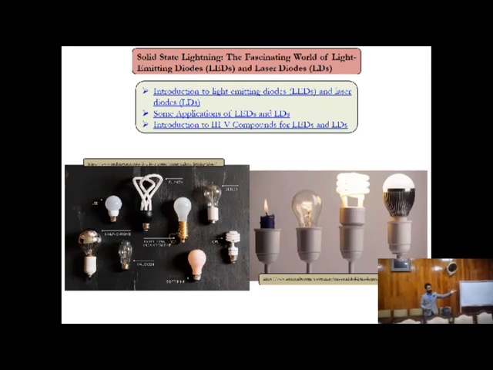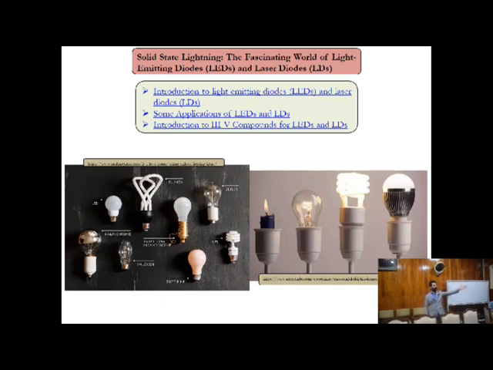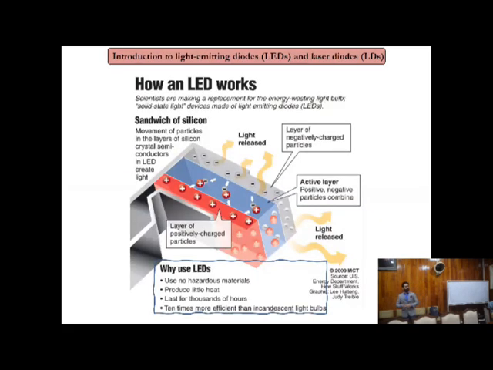This is the evolution of light from candles to the incandescent to the energy savers that we typically call CFLs, and then the modern day LEDs that we buy from stores these days, and all this we see is now LEDs.